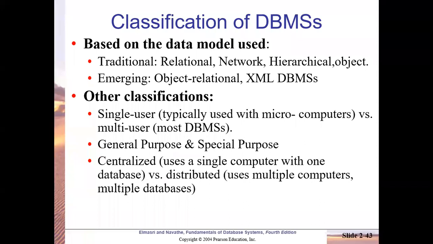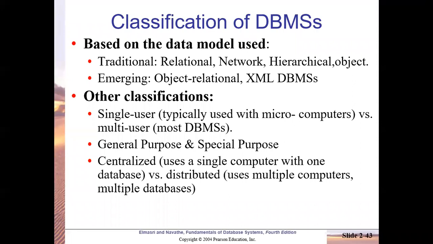Then there is the final section here, classification of DBMS, how database management systems are classified. Not much important from the exam point of view. Based on the data models, there are two classifications: one is traditional and the second is emerging.